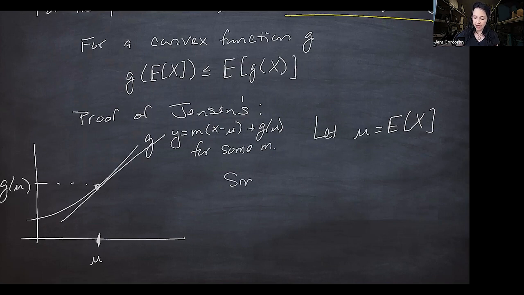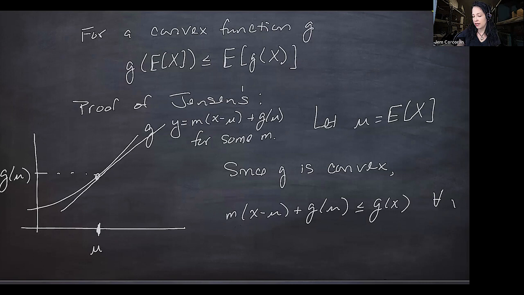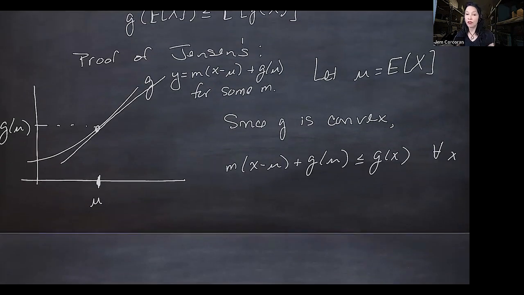So since g is convex, the line is always below g of x. So m times (x minus mu) plus g of mu is less than or equal to g of x for all x.